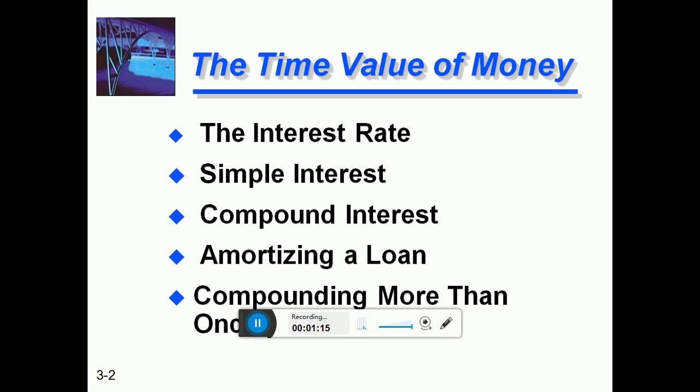That is, sometimes we are receiving interest more than once a year. Like suppose if you are depositing your money in a bank, so the bank is paying you annual interest, but sometimes you are receiving interest semi-annually, like in case of US bonds, or sometimes quarterly, sometimes monthly.